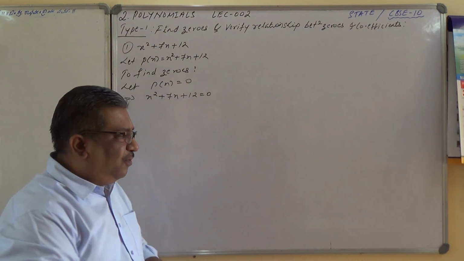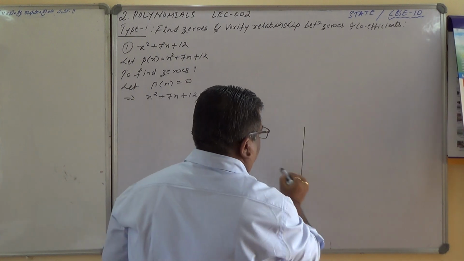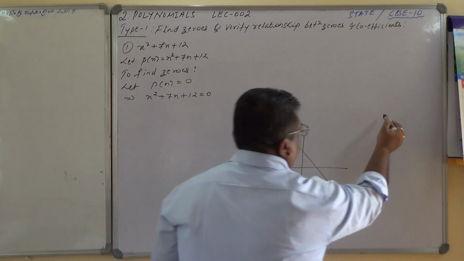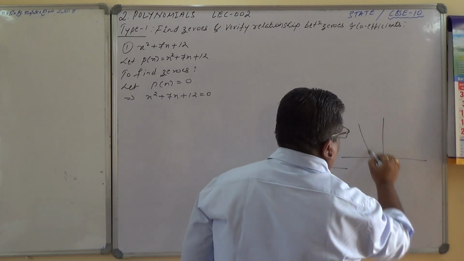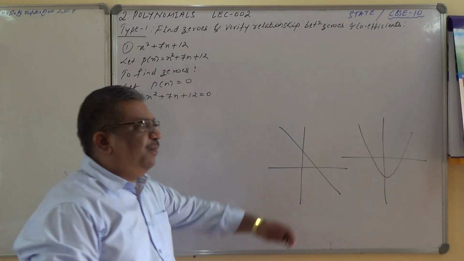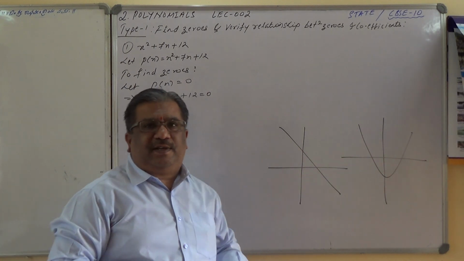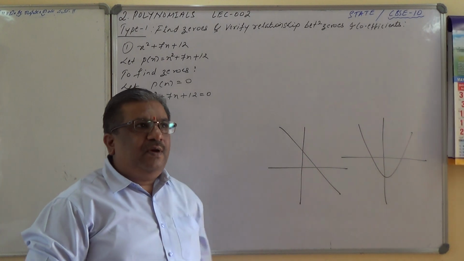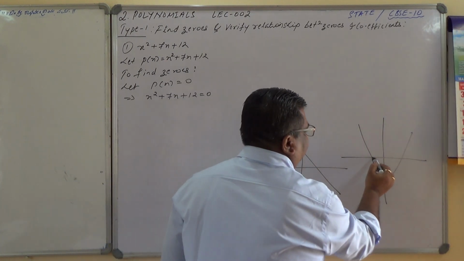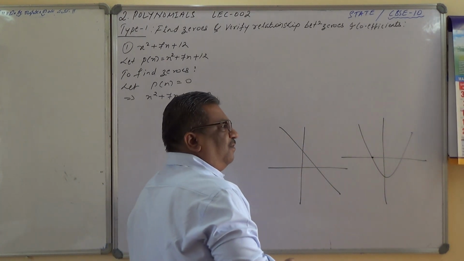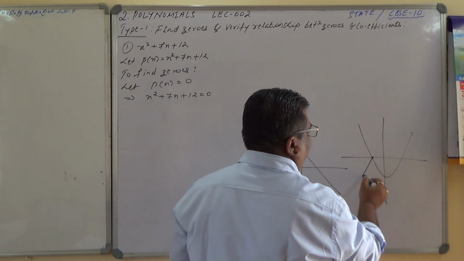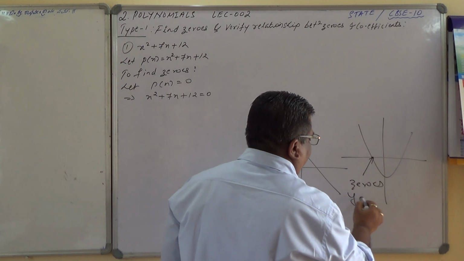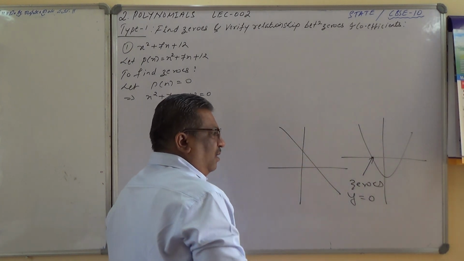I would like to highlight this. In a graph, what exactly do we mean by zeros? The zeros are where the x coordinate of a point of intersection of the graph with the x axis is called the roots or zeros. At these points, the value of y is 0.